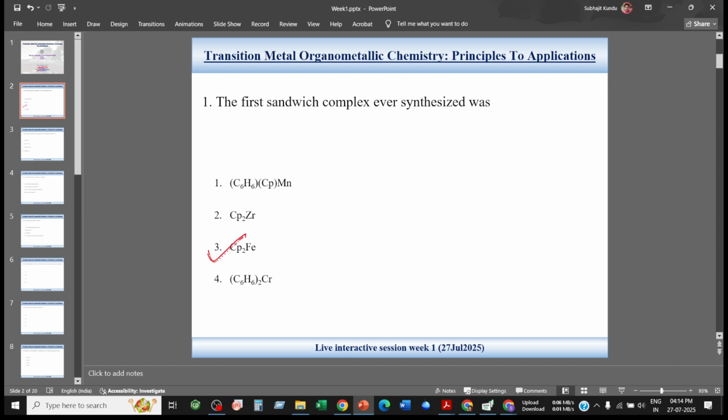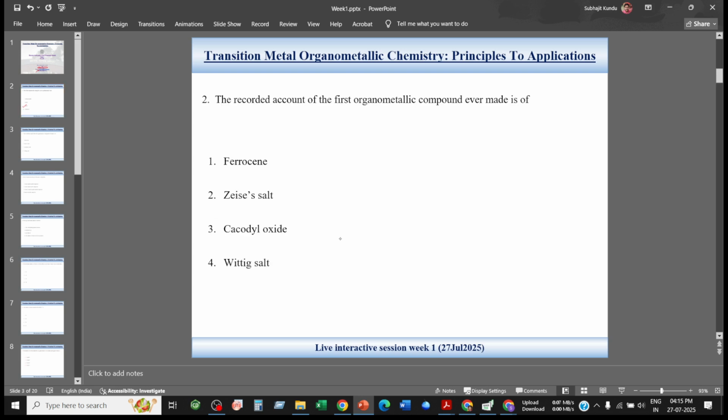Here we will do it by the neutral method. So how many electrons does iron have? 8. And each Cp ring, that is the cyclopentadienyl ring, will share 5 electrons. We have 2 cyclopentadienyl rings, so 5 into 2 will be 10, and iron has 8 electrons, so that will be an 18 electron system, Cp2Fe.